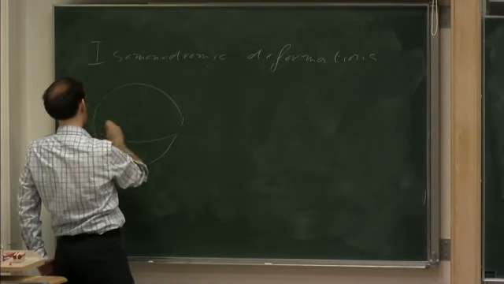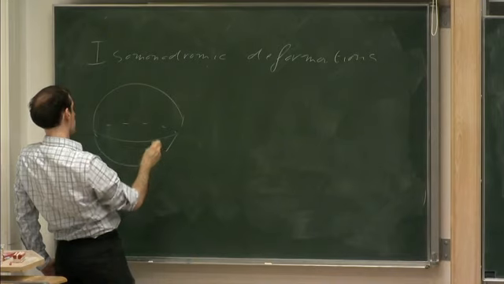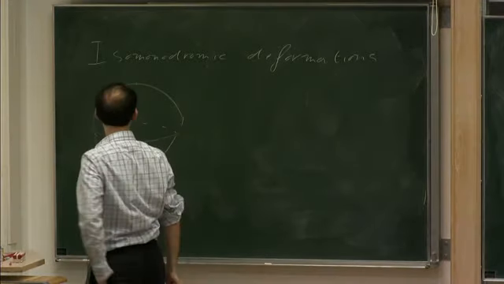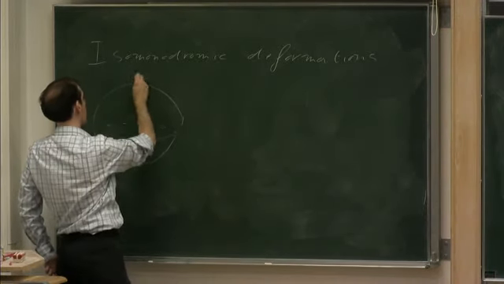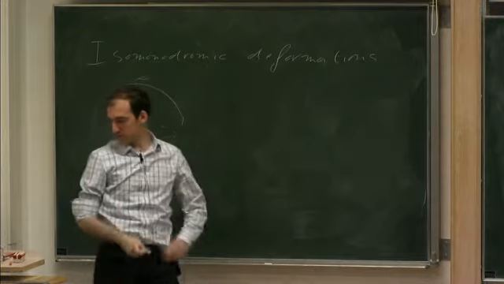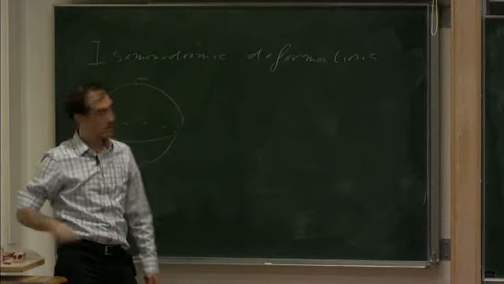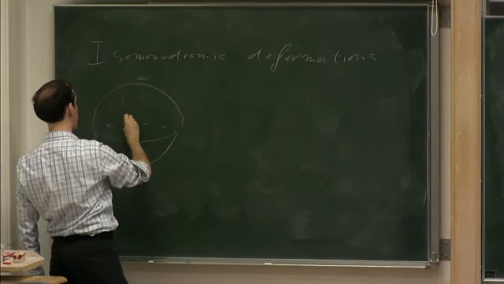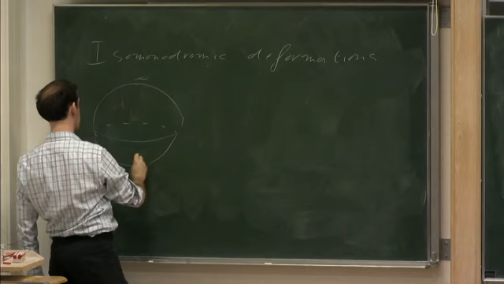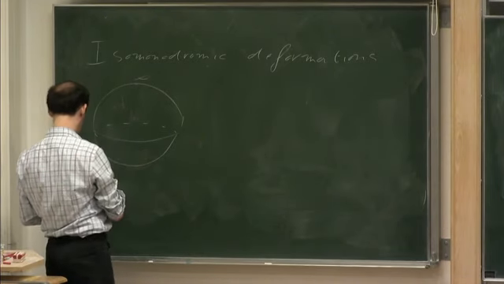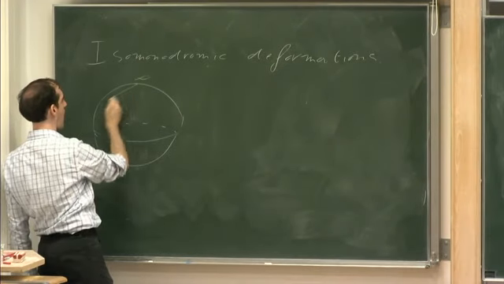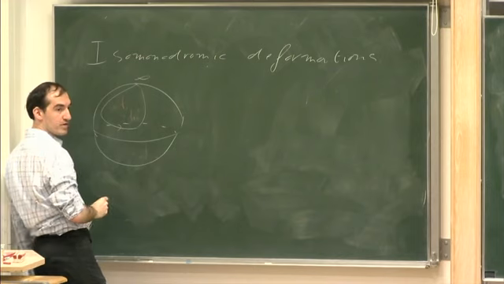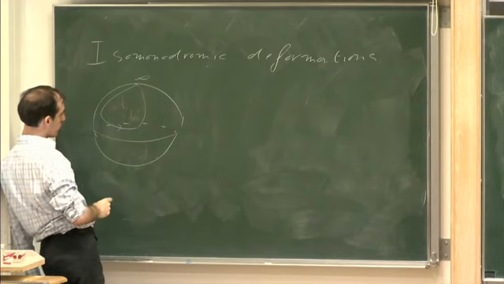So another part of the theory, which is also largely classical and was revived in the 80s, is the problem of so-called isomonodromic deformation, which is the following.